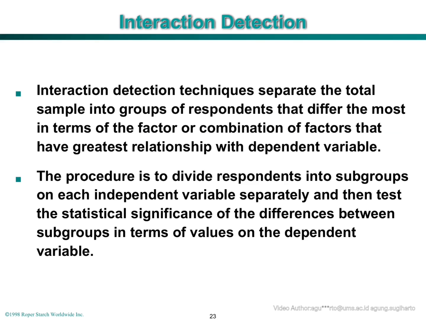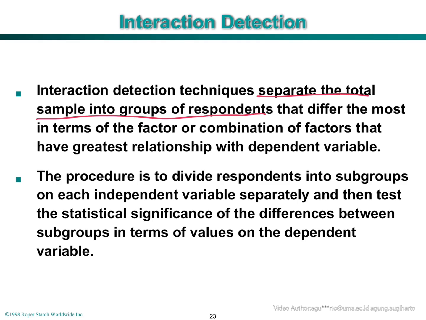Dependency method, interaction detection technique. Separate the total sample into groups of respondents that differ the most in terms of the factor or combination of factors that have the greatest relationship with the dependent variable.